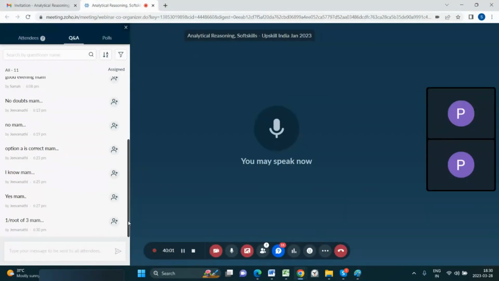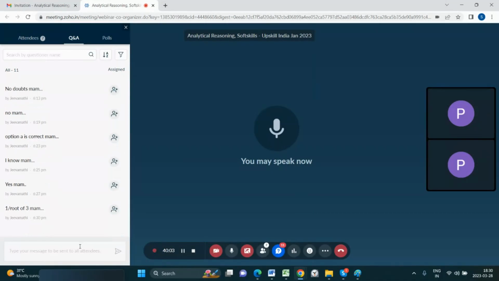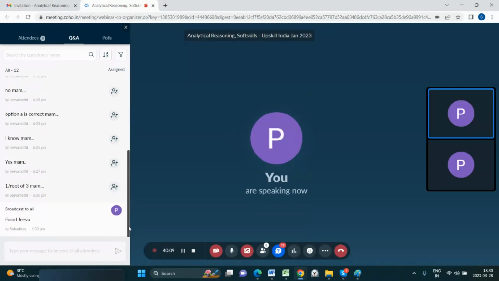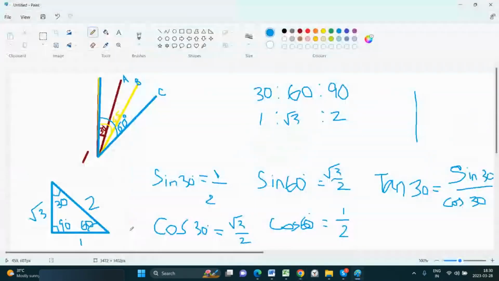Very good, Jiva. Tan 30 is sin 30 by cos 30. 1 by √3, இதுதான் போடணும். You can use this formula.